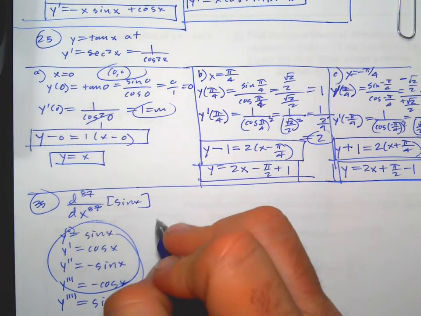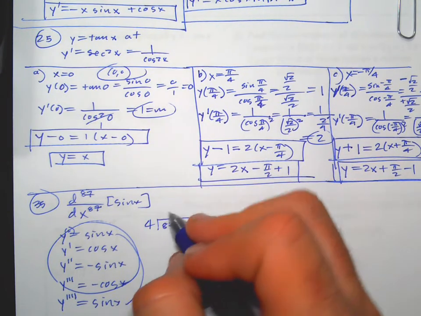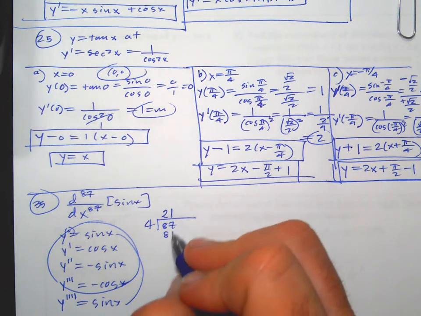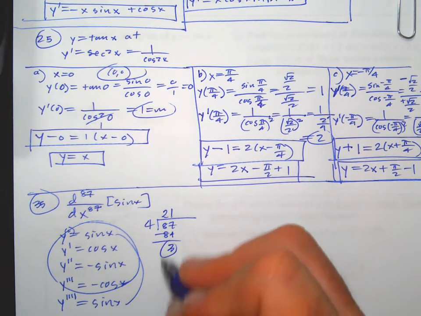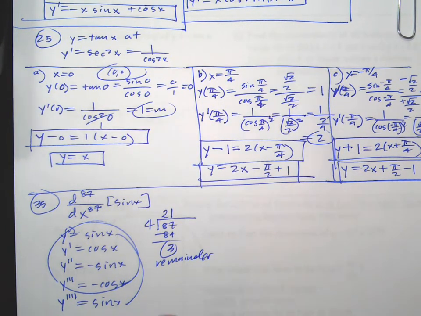So what we need to do is take 87 and divide by 4, taking all the full cycles out. Now it's like 21. And the remainder is the key, because this says that the 87th derivative is going to equal the third derivative, which equals negative cosine x.